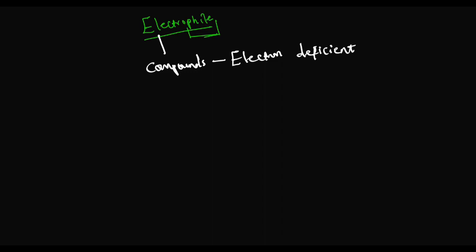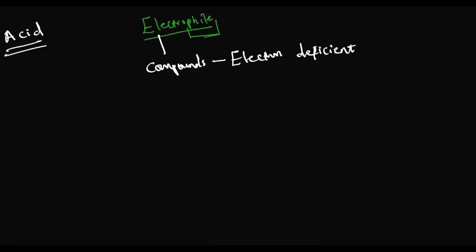Now let's link it to what I said about Lewis base and acid. An acid has 3 types of definition, right? Arrhenius, the first person, defined an acid as a substance which dissolves in water to liberate hydrogen ion, or hydronium ion.